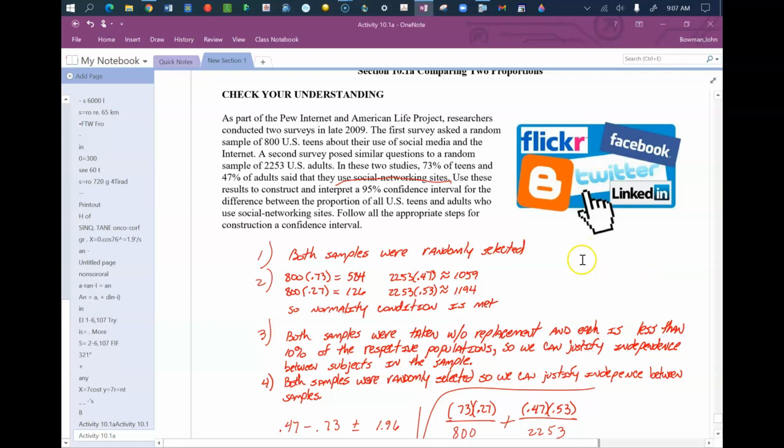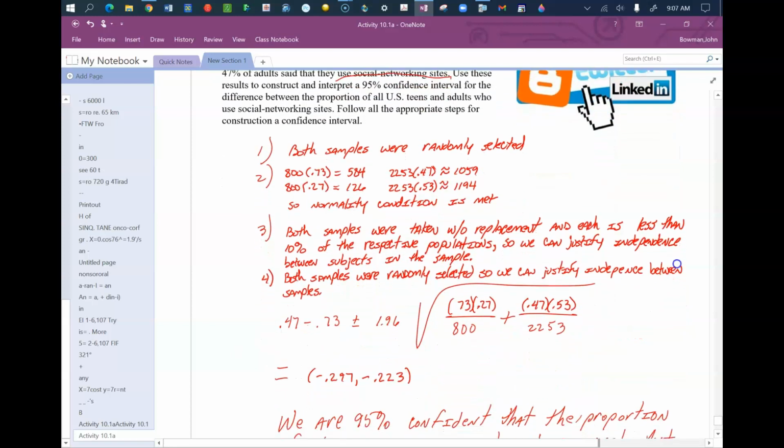Therefore, the sampling distribution of the difference in the sample proportions is also approximately normal. Both samples were taken without replacement, and each of the samples is reasonably less than 10% of their populations. The samples were randomly selected, so it seems reasonable that the 2 samples were independent of each other.